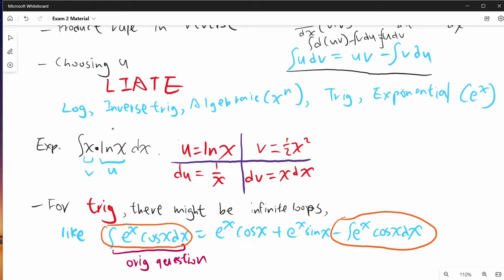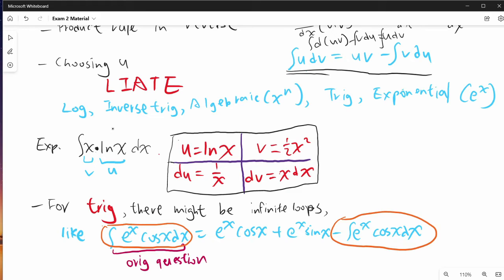So from LIATE, we choose natural log as our u, right here. Generally, drawing a 2x2 table might be helpful. Write out u equals natural log of x up here, and then you can write dv as x dx. These two boxes should be filled out first, because that's the given part, the u dv part.